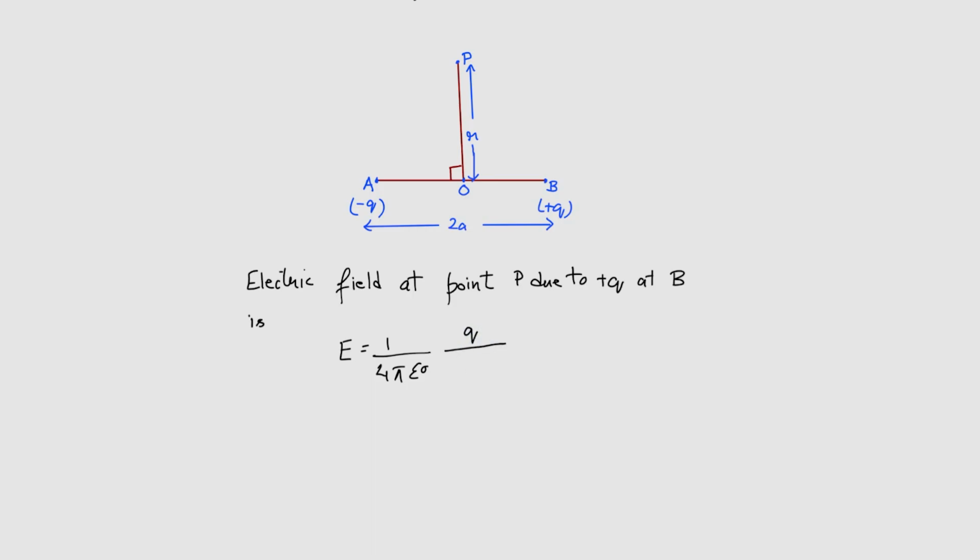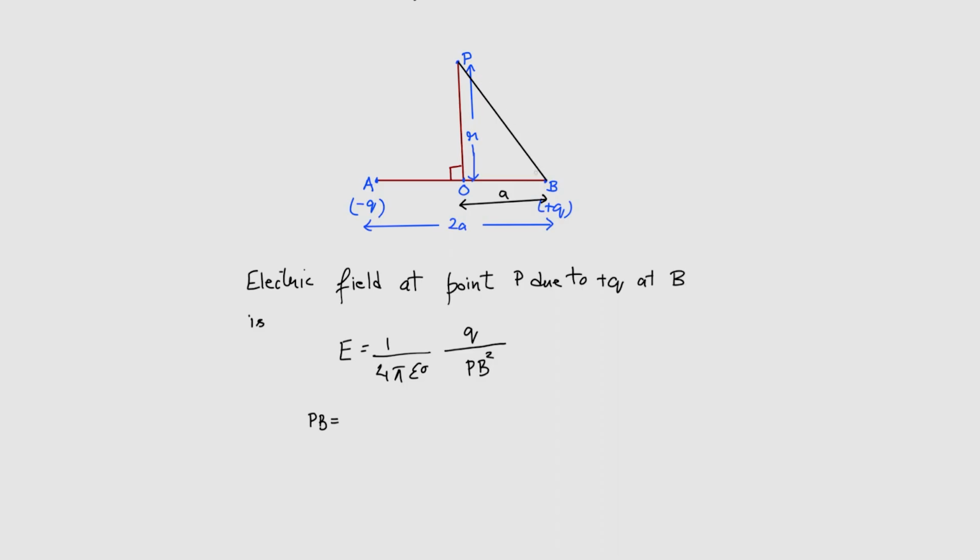Here r is the distance between the charge and point P, that is the distance PB, so I will write PB square. The distance PB is not equal to r. The distance from O to point P is r, and the distance from O to B is half of 2a, which is a.